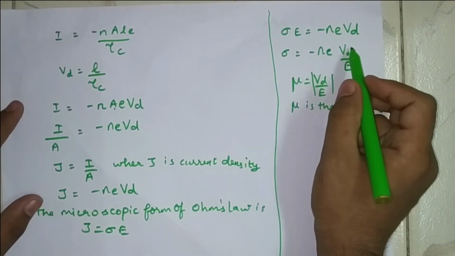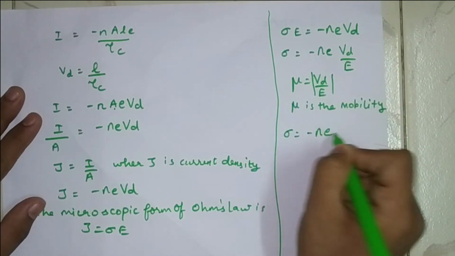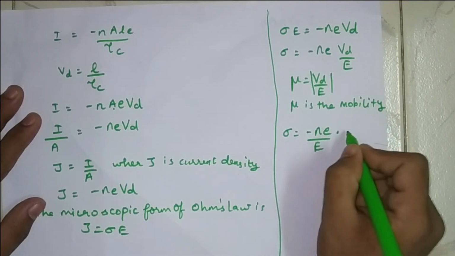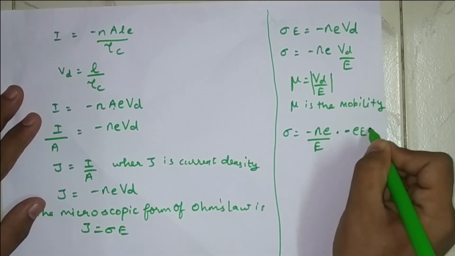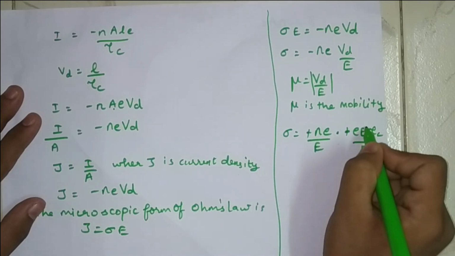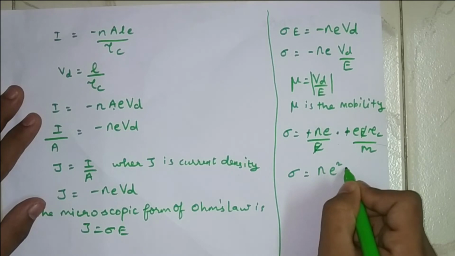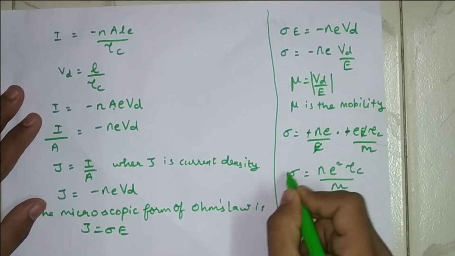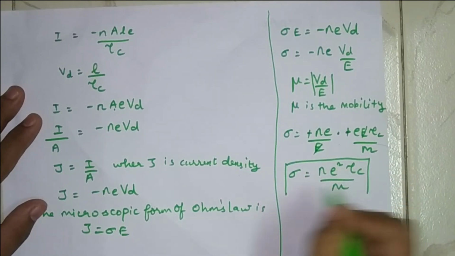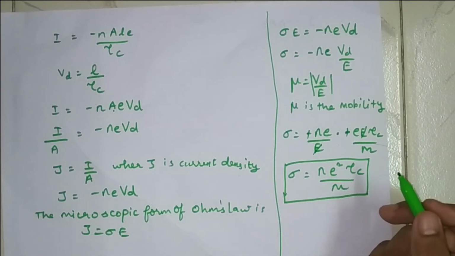Substituting the Vd formula, sigma equals minus ne by E into minus eE tau c by m. The minus signs cancel and E cancels. Sigma equals n e squared tau c by m. This is our required formula for electrical conductivity in terms of electron density, collision time and mass of the electron.